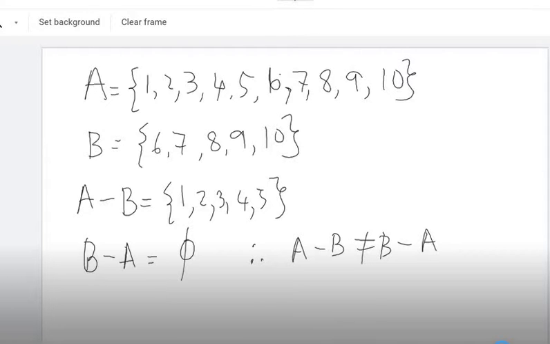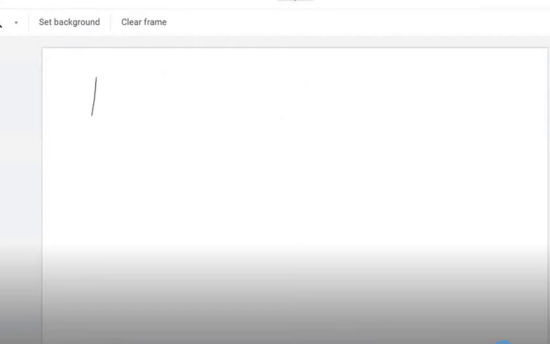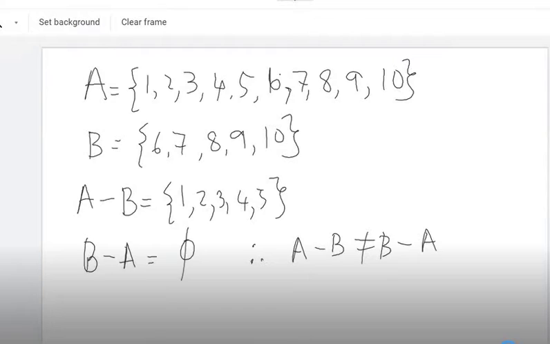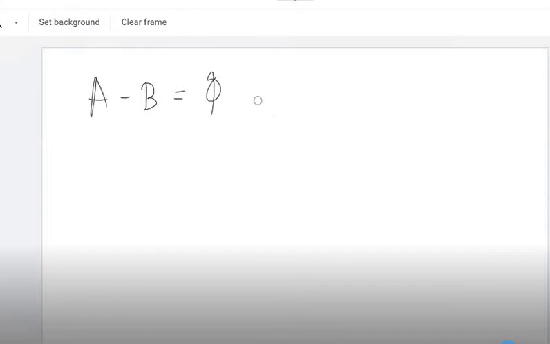So if you get A minus B as the null set, what can you say? A is a subset of B in that case.